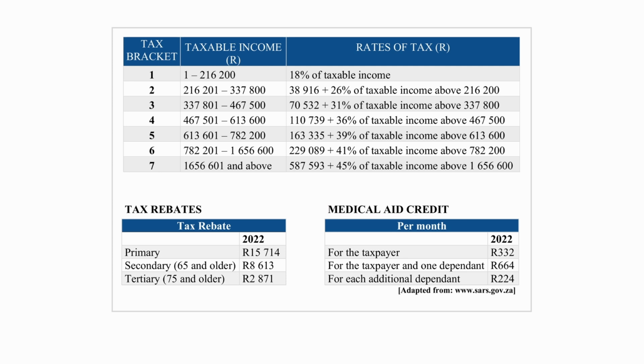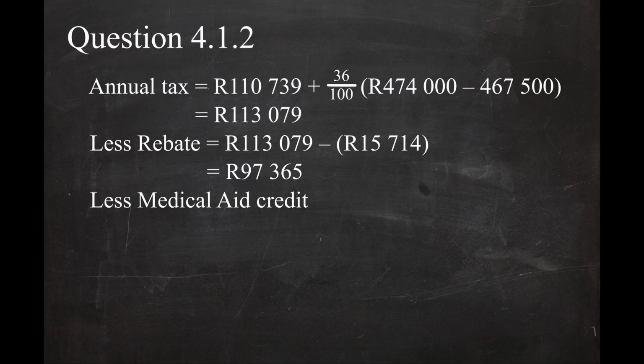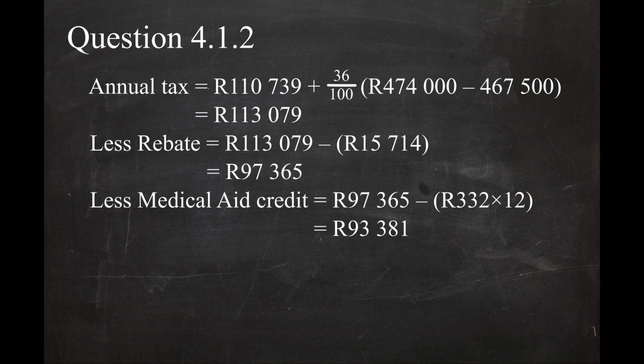Next, we have to deduct the medical aid credits. This person qualifies for a medical aid tax credit of 332 Rand per month. This amount multiplied by 12 months of the year must be deducted from the annual tax. So the annual tax less medical aid credits is 97,365 Rand minus 332 Rand multiplied by 12 months of the year, and this gives you an annual tax of 93,381 Rand.